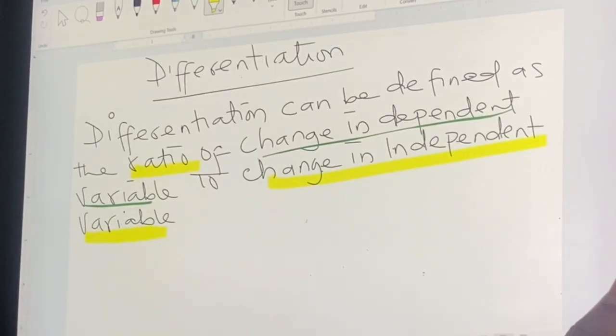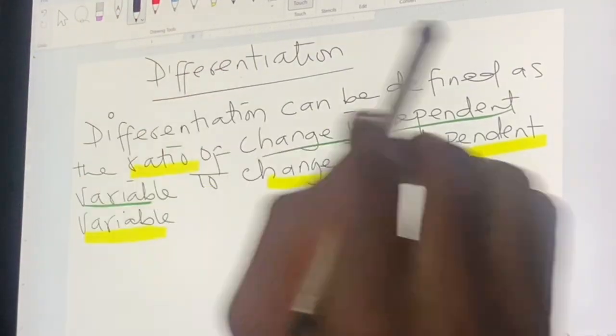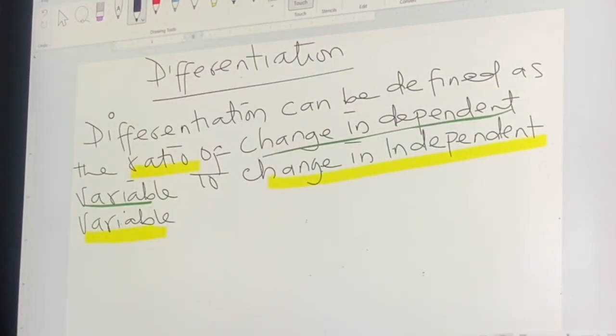We have to know what an independent variable is before we represent the mathematical expression. But before then, let's represent the mathematical expression of this statement.